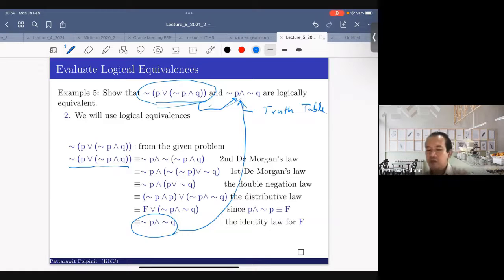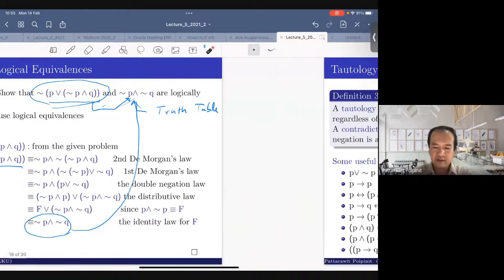So now we have shown that this negation of P or Q can be converted to negation of P and negation of Q, using the logical equivalence. Okay, that's how you do it. So there are two ways that you can show that two propositions are logically equivalent: use a truth table or use logical equivalence.